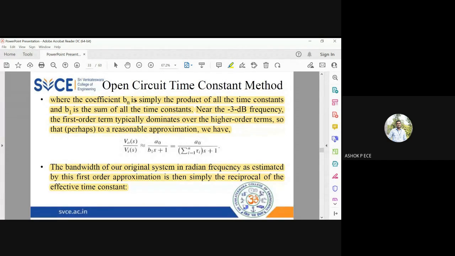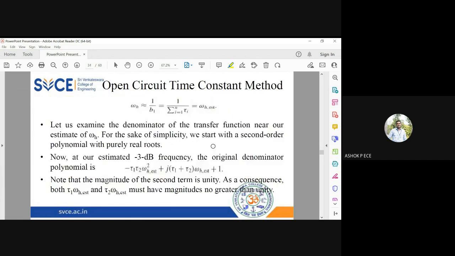We don't consider Bn, we consider only B1 because we say that the first order pole is going to dominate. So even though you have so many terms, it is the first order pole, or s power 1, that term alone is going to dominate. So I take only that term. So I write it as a naught by b1 s plus 1. And b1, you know, is the sum of all time constants, summation i equal to 1 to n tau i, into s plus 1.